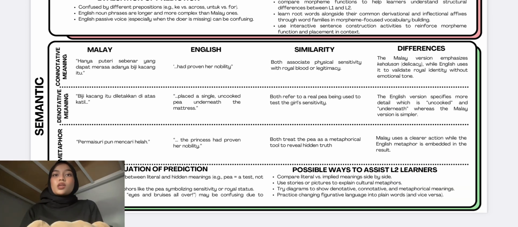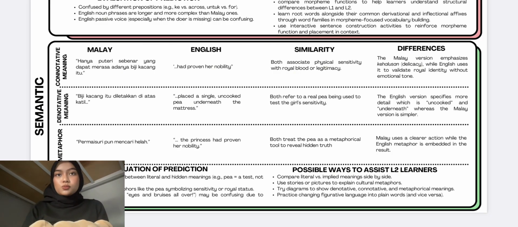And as for the possible ways to assist L2 learners to learn the linguistic item, which is semantics, the first one is use guided comparison tasks where students identify literal versus implied meanings in both versions of the story. Second one is encourage learners to explore cultural context and common metaphors in both languages through storytelling or visual aids.